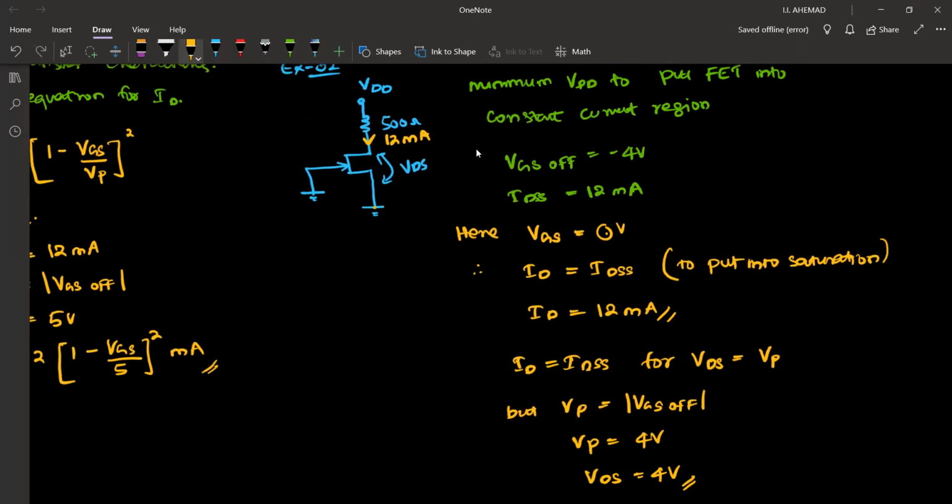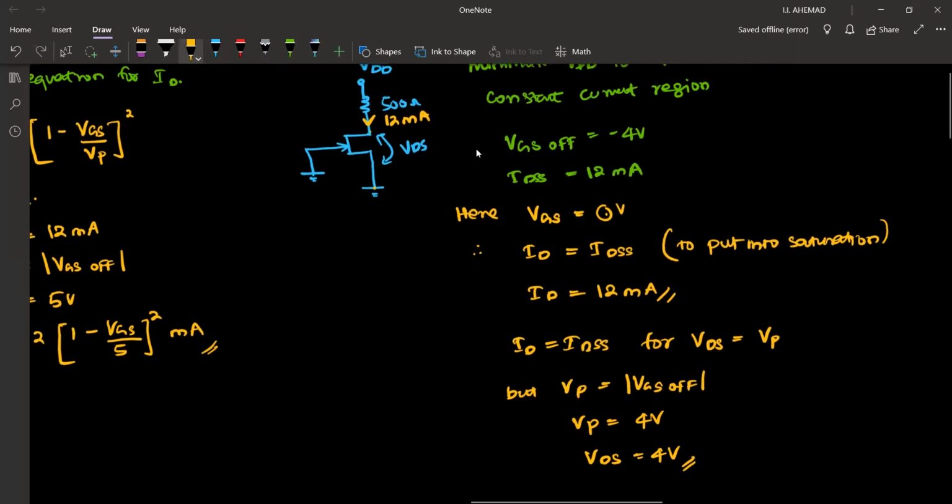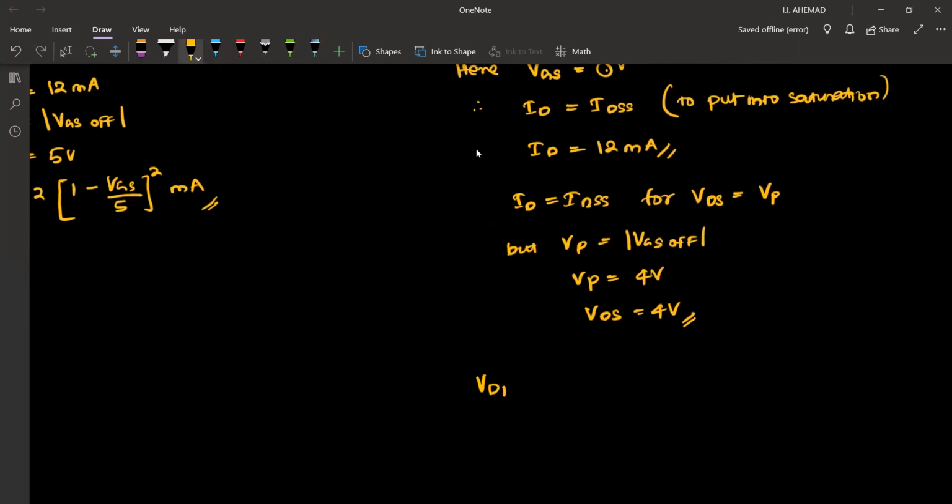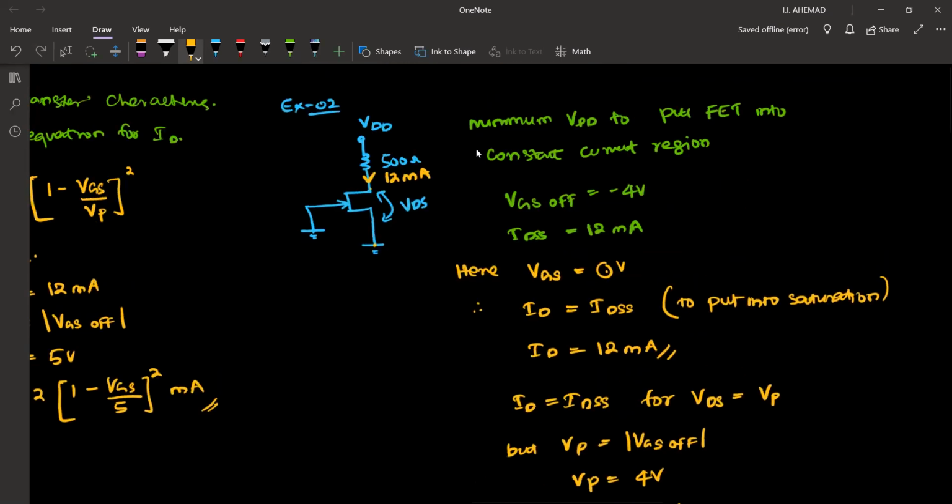So this is 0 volt over here, here it's 4 volt, and here it's VDD. So VDD is equal to ID times R plus VDS. If I equate the potential drop, we have a potential drop here, that is I times R, and here we have a potential drop, that is VDS. If I sum them up, that is equal to the potential drop between VDD and this point.